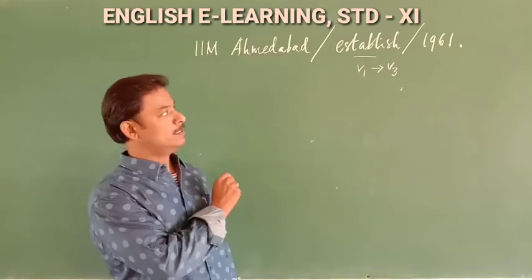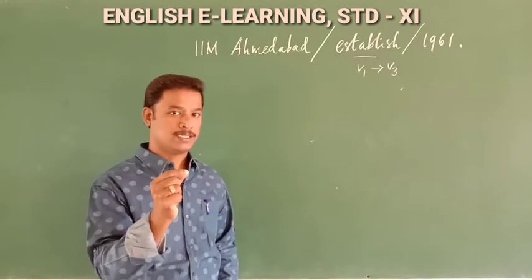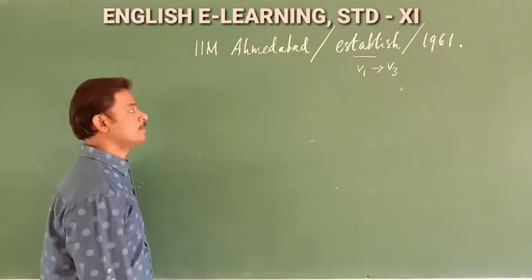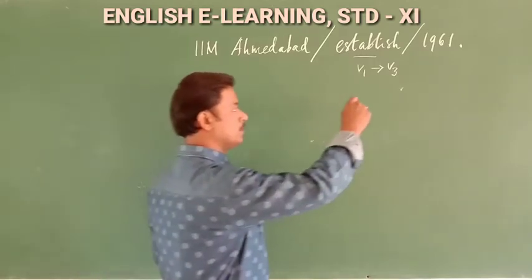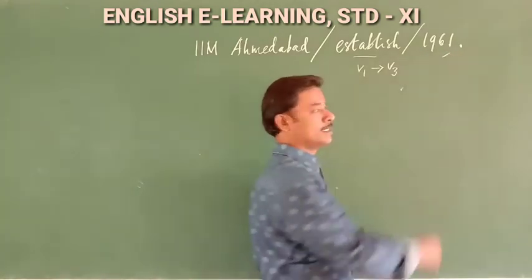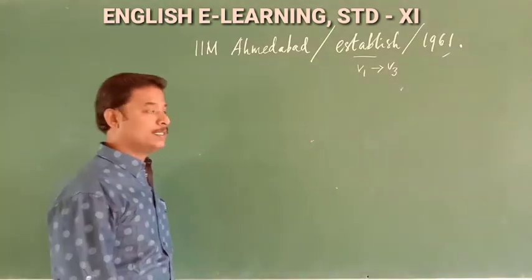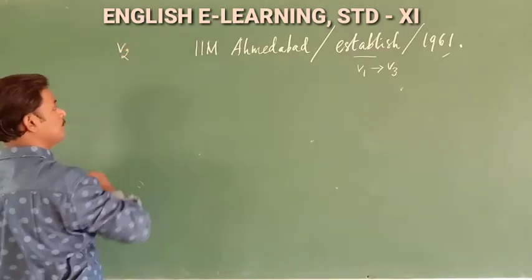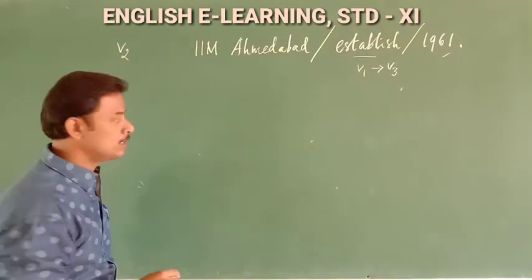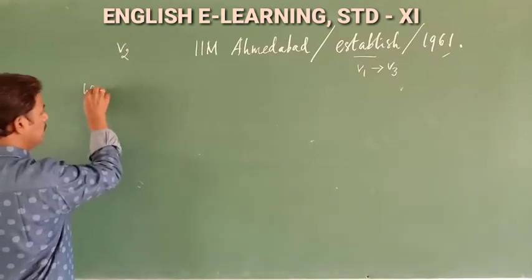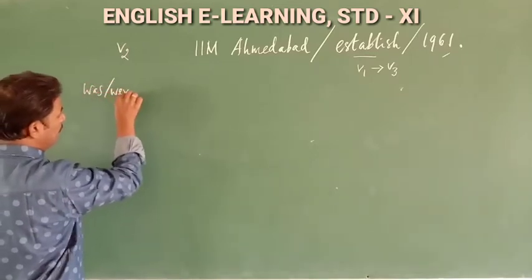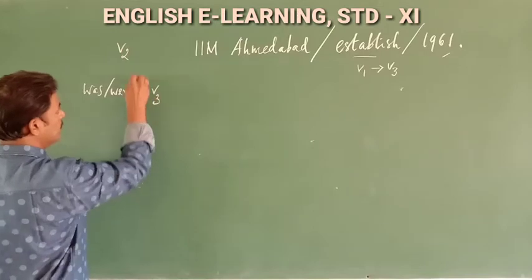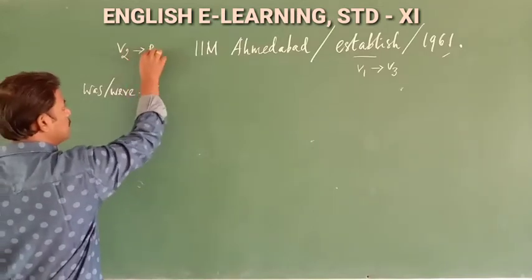IIM Ahmedabad established 1961. Okay. Again, look at the year 1961. So the tense form we are going to use is verb 2. Again the rule is was or were plus verb 3, in passive construction.